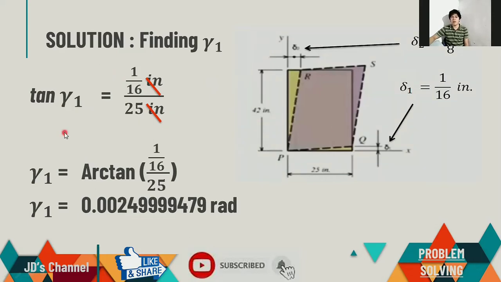The shear strain equals tan gamma, so tan gamma sub 1 equals opposite over adjacent. The opposite is delta sub 1, which is 1/16 inch, and the original length in this part is 25 inches. We cancel the units, and to get gamma sub 1 we take the arctan, or tan inverse, to cancel the tan.